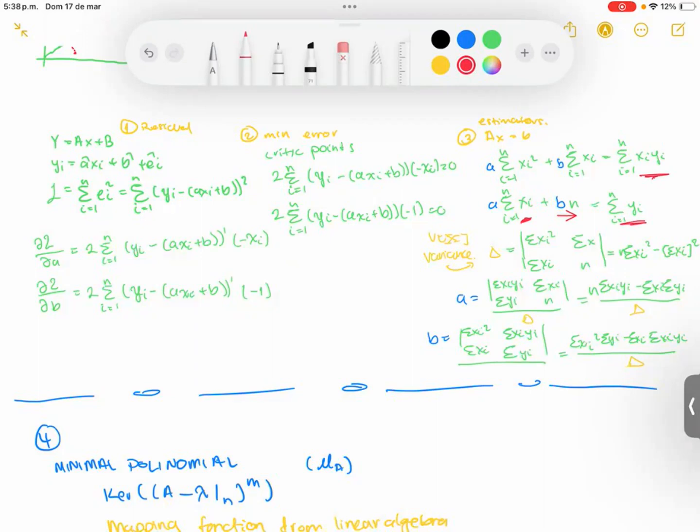You see here that square, and same case, and we divide it by the determinant.